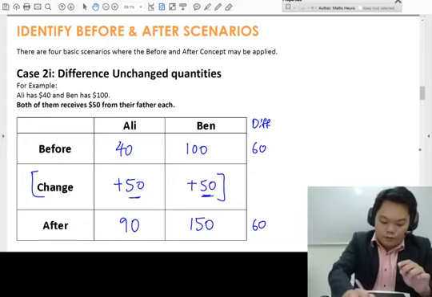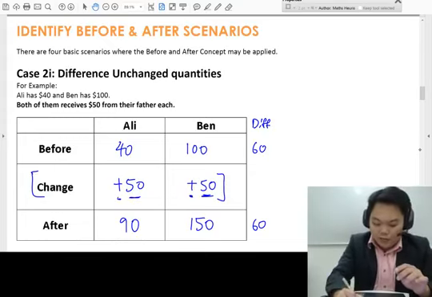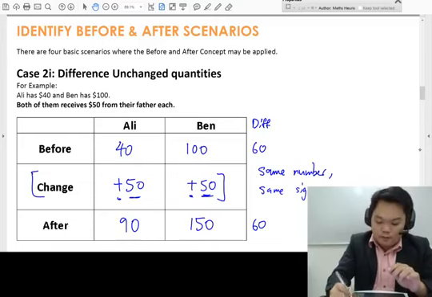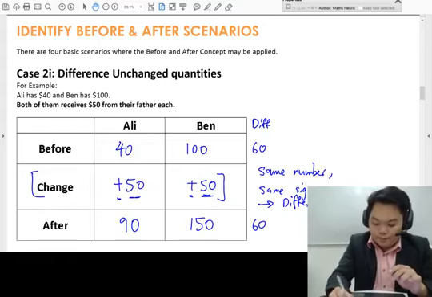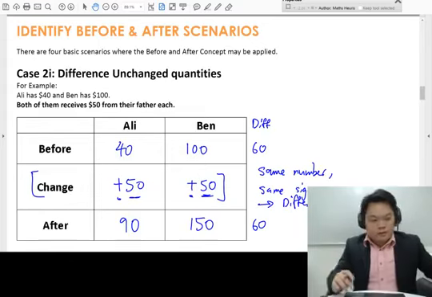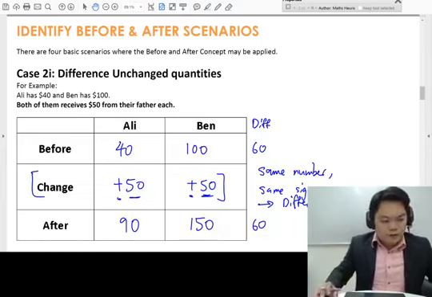We see that we have the same number with the same signs. Then this means that the difference will remain unchanged.